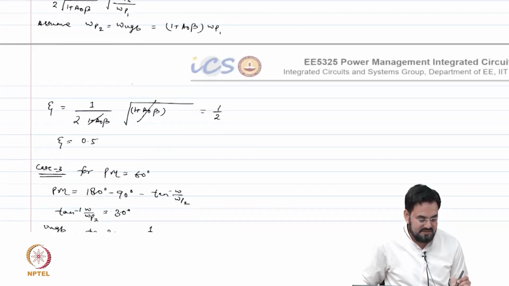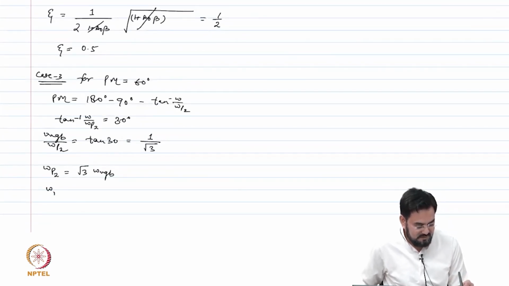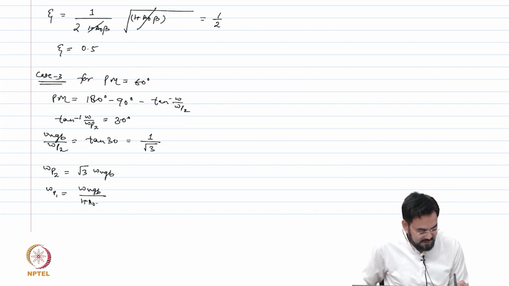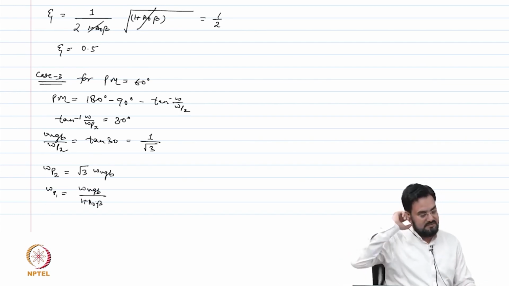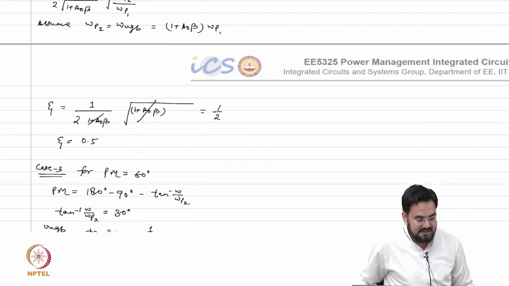So omega p1 is omega UGB over 1 plus A naught beta. So what is zeta?